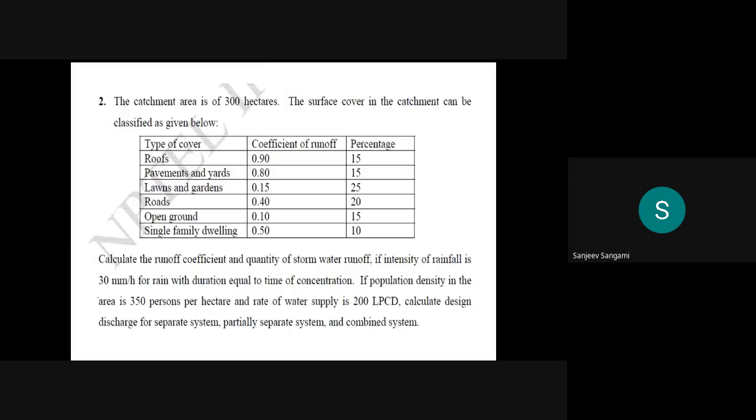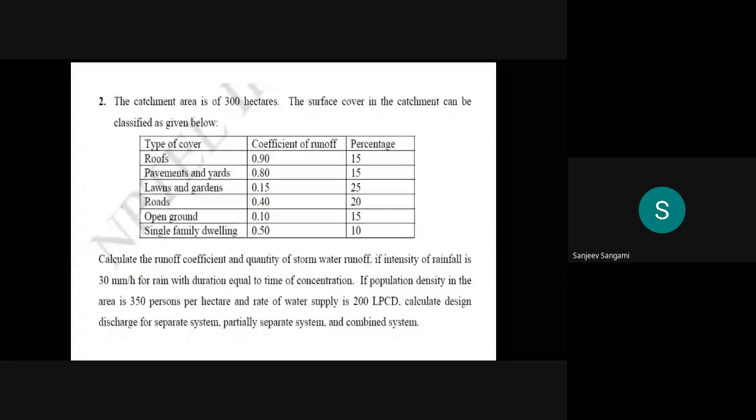He has given how much percentage each of these areas covers. Roofs cover 15% of the area, pavements and yards another 15%, lawns and gardens 25%, roads 20%, open ground 15%, and single family dwellings 10%.